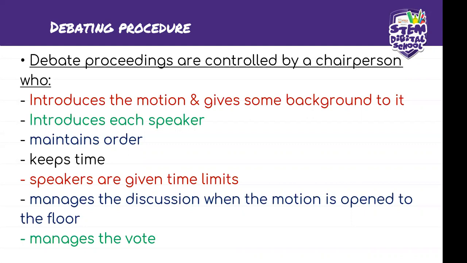Not only that, the chairperson will also manage the discussion when the motion is open to the floor. What this means is that there will be a time during the debating session where the discussion will be open to the floor. The floor is the audience, or the people who are not debating.